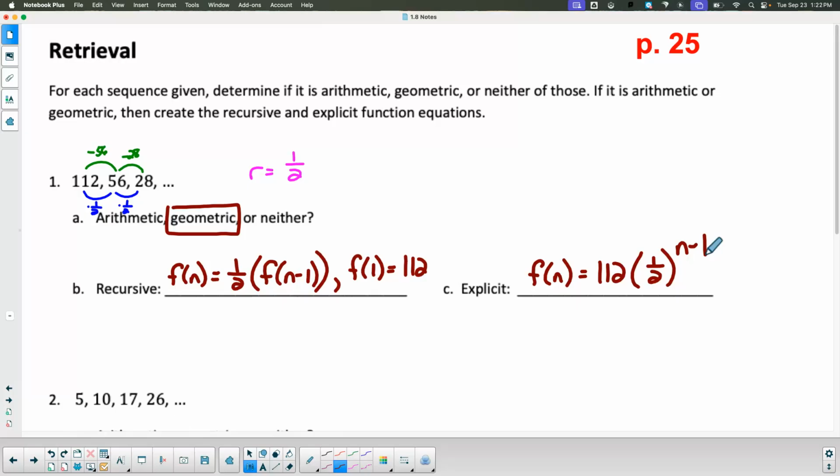Questions, comments, concerns, clarifications? Explicit could have also been 56 times 1/2 to the n minus 2 power, or 28 times 1/2 to the n minus 3 power. Okay.